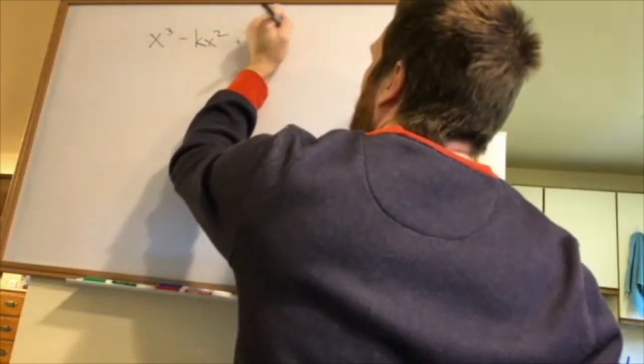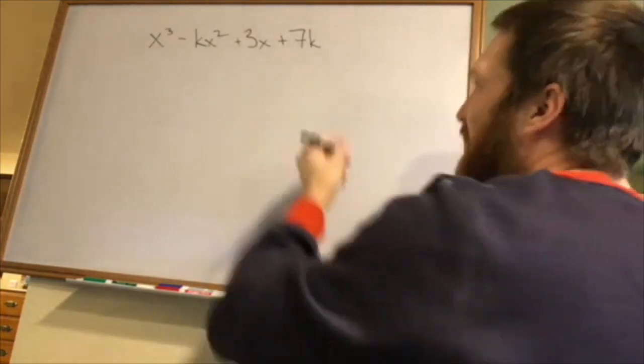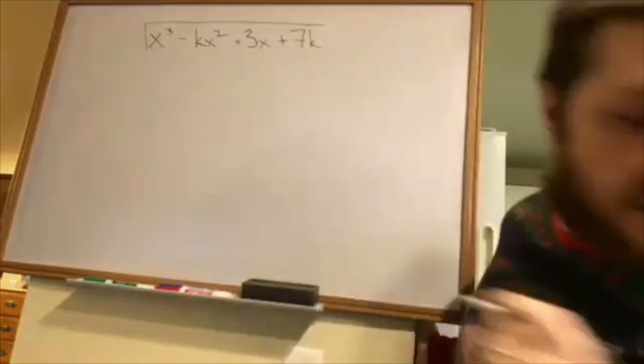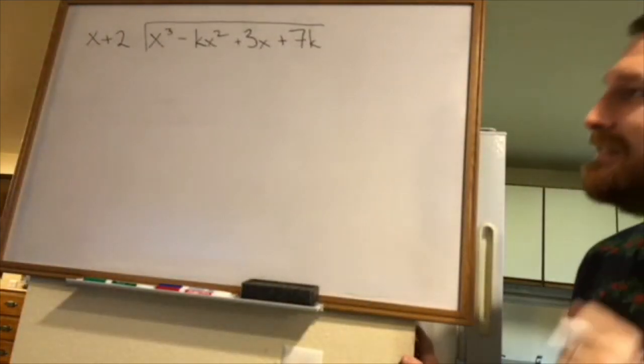Did I get that down right? Yes. We're dividing it by x plus 2, and it says find the value of k so that the remainder is 0.